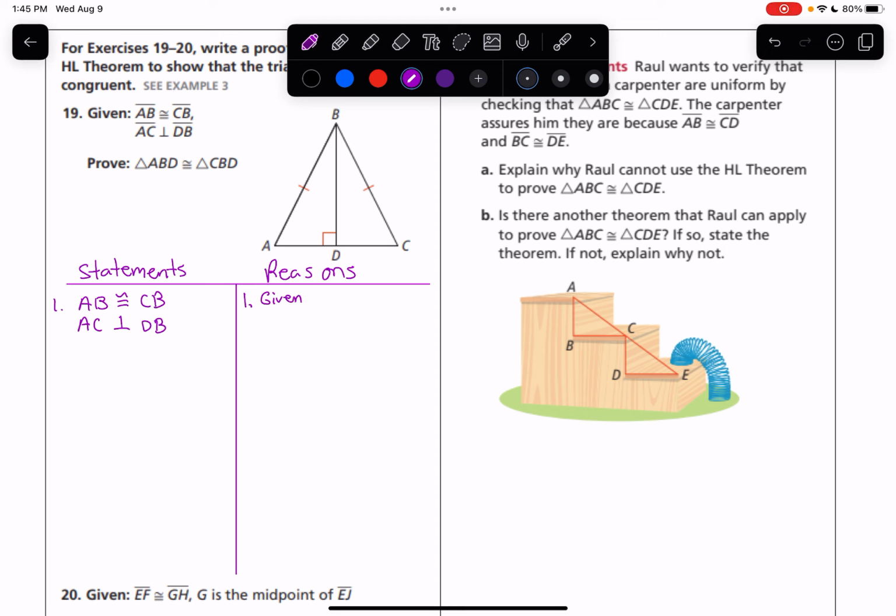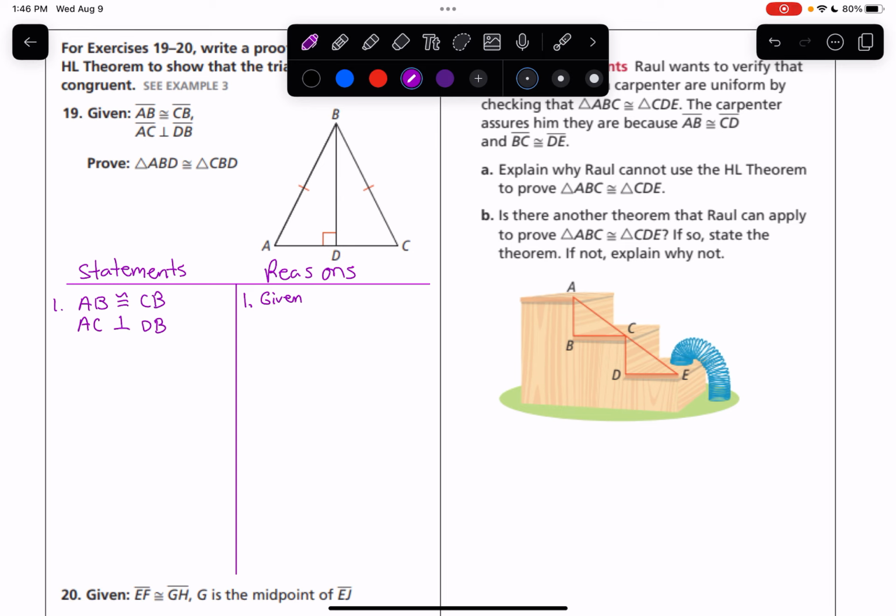Because we have those, we can state, and this is important, anytime that you have the perpendicular, we need to change two angles being perpendicular into those angles being right angles. So we need to say, because this is perpendicular, then these are right triangles.